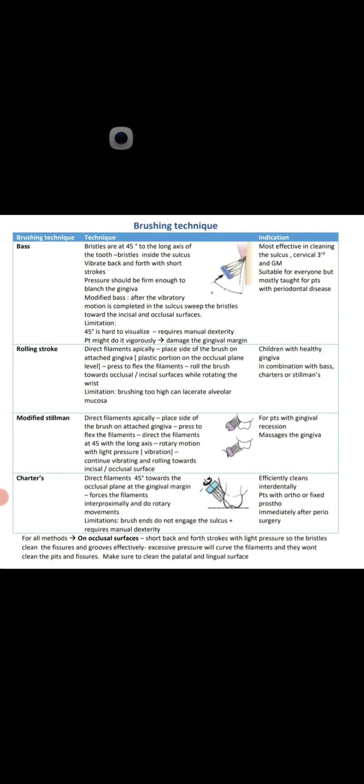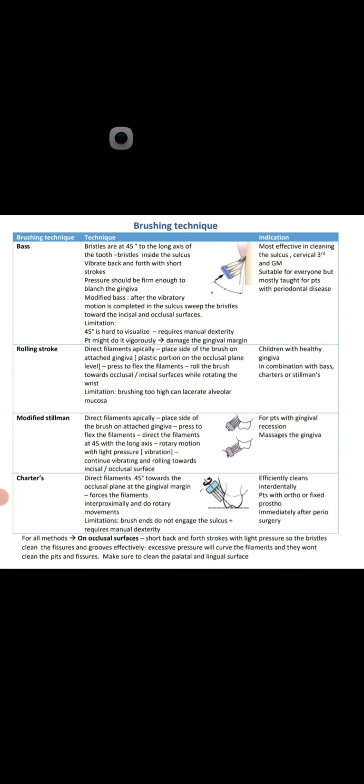The filament bristles are toward occlusally, and the head and the plastic part are apically. Direct filaments at 45 toward the occlusal at the gingival margin, force the filaments interproximally and do rotary movement. What are the limitations? Brush ends do not engage the sulcus.